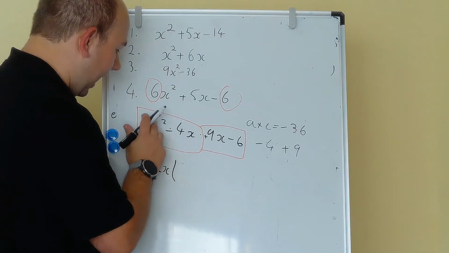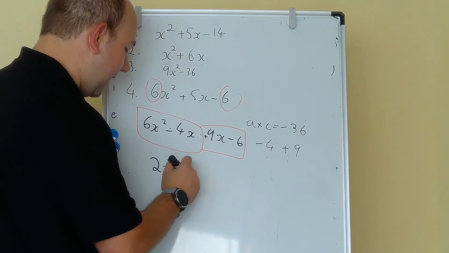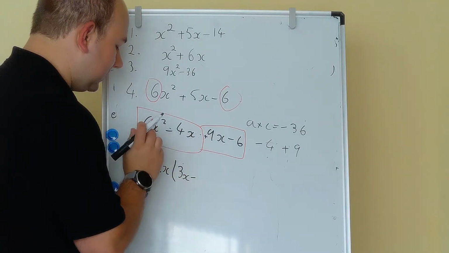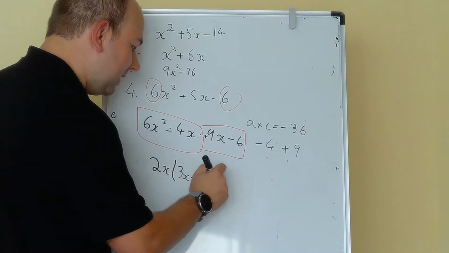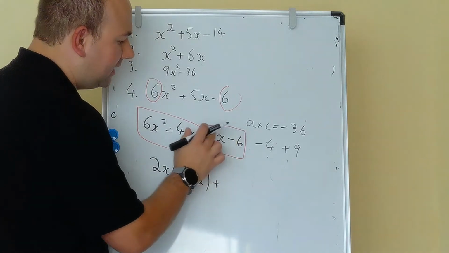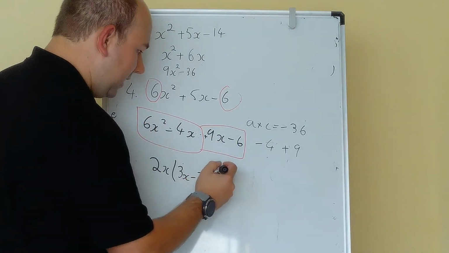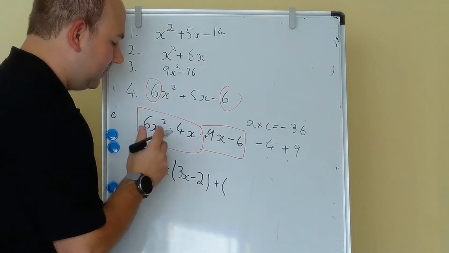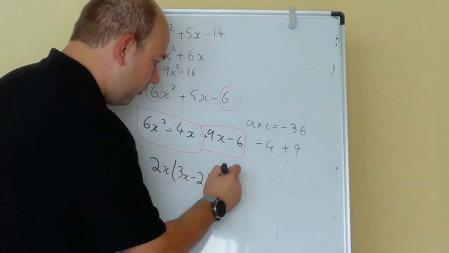To make 2x into 6x squared, we need a 3 and an x. We have the minus sign, and then to make 2x, 4x, we're going to need a 2. And then we add that on to the factorisation of this next one. We see we got a 9x and a 6. And again, there's going to be a common factor that comes out here of 3.